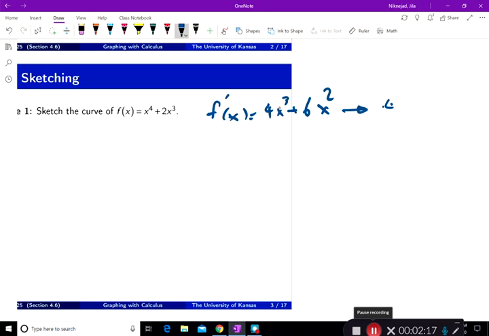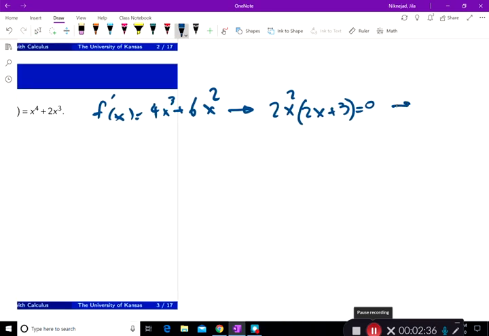I say 2 is a common factor between them, and then I'll go 2x squared, and what is left out of the first one is 2x, and what is left of the second term is 3, and you set it equal to 0, and you end up with x equal to 0 is a critical number, and x equal to -3/2 is a critical number.